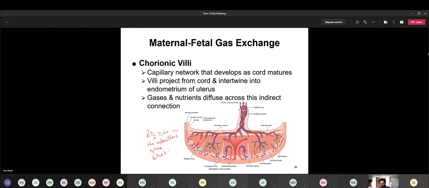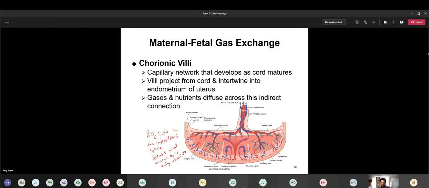The fetus is mixed venous, which would be like PvO2, if you want to look at it that way. O2 is only about 20.